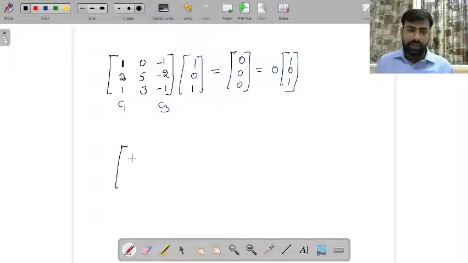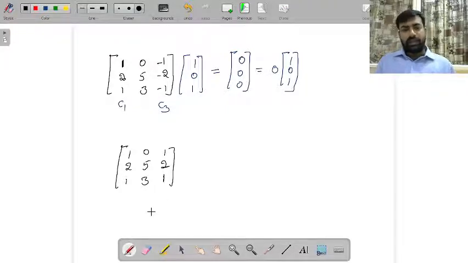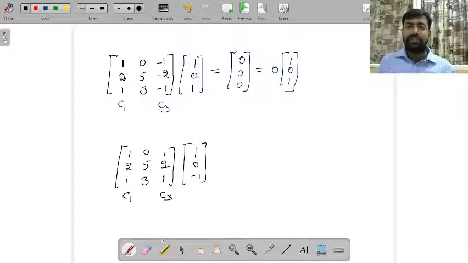Whereas suppose I take 1 2 1, 0 5 3, 1 2 1. When you take it here, the first column minus the third column will give you 0. It means 1 0 negative 1 is an eigenvector this time, and the corresponding eigenvalue is 0.